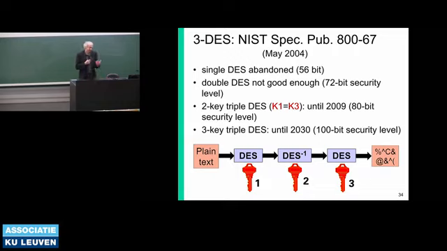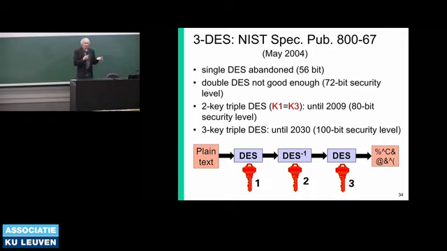So the US government says 2-key triple DES is 80-bit security. 3-key triple DES also doesn't have 168-bit security, it has about 100-bit security, 100 to 110 bits. Okay, so in 2004, the US government says you can keep using 2-key triple DES until 2009, and 3-key triple DES you can use until 2030. So when you graduate, after 5 years, your job will be to get rid of 3-key triple DES.